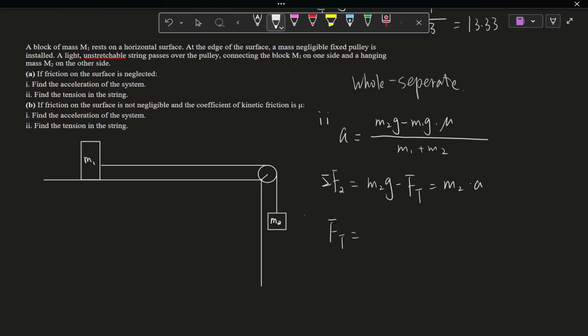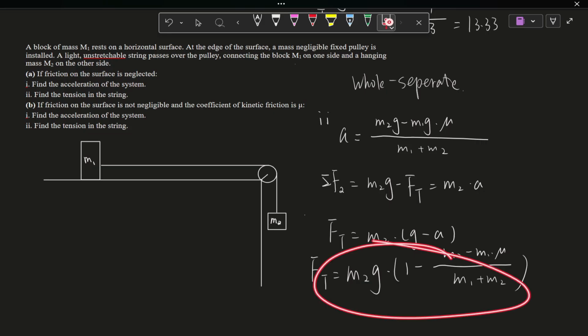First, let's move ft to one side of the equation. We can get ft is equal to m2 times g minus a. And then you can plug in the acceleration over here. Then you can easily get ft is equal to m2g times 1 minus (m2 minus m1 times mu over m1 plus m2).